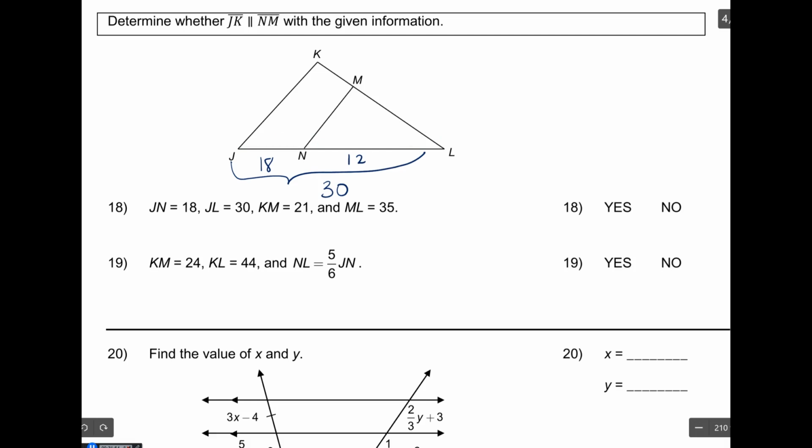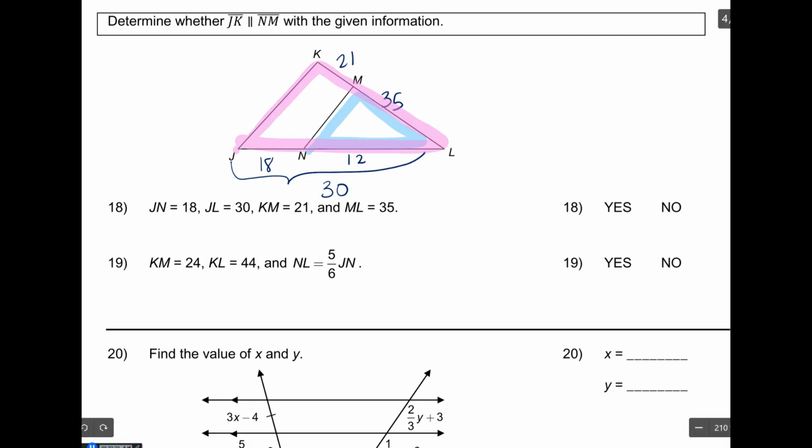Alright. KM is 21 and ML is 35. So what I want to do is a ratio, let's say I have two triangles, this blue triangle and the pink triangle.